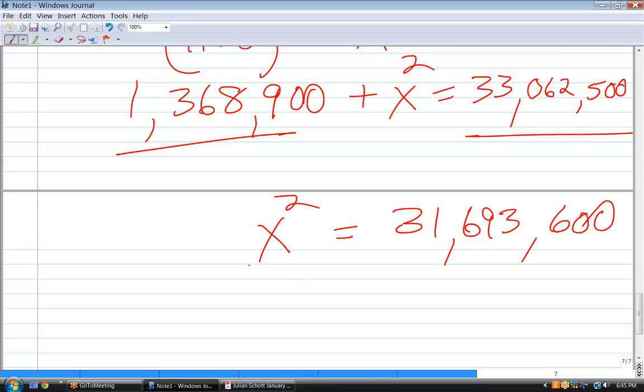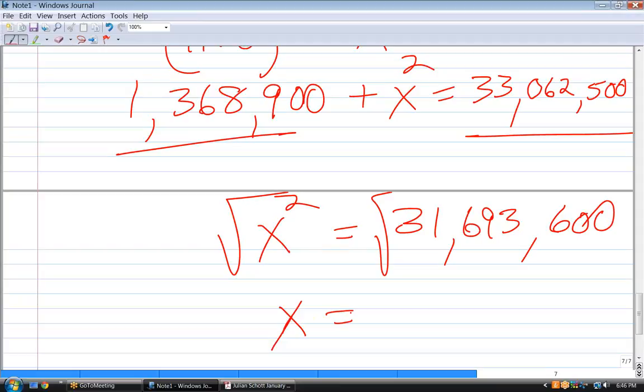Dividing by 2 does not leave x; it leaves x squared divided by 2. If I want x by itself, I have to take the square root of this side, and if I do that on the left side, I have to do it on the right side. When I do it on the left side, it leaves x, which is what I want.